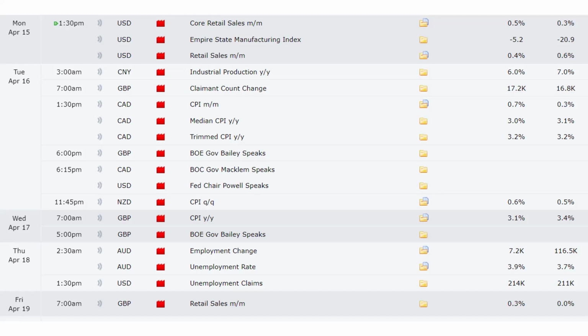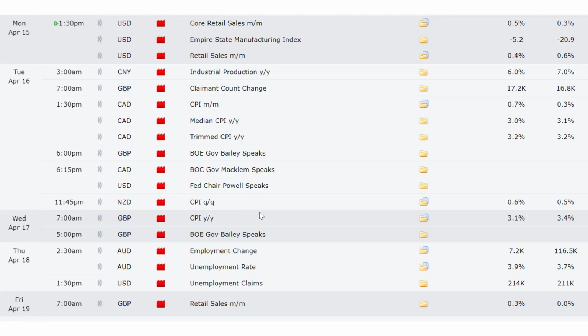This week, we'll have the CPI data to affect the Canadian dollar: month-in-month, median CPI year-in-year, and the trim CPI data year-in-year. We'll also see the Bank of England speak, as well as Bank of Canada Governor Macklem speaking on Tuesday. And we'll see first data from New Zealand, where the CPI data quarter-in-quarter will be released.